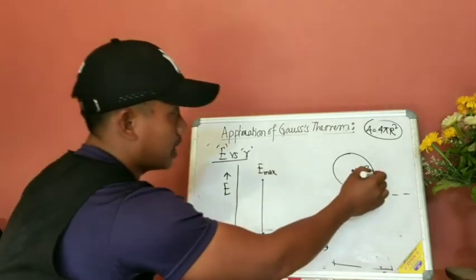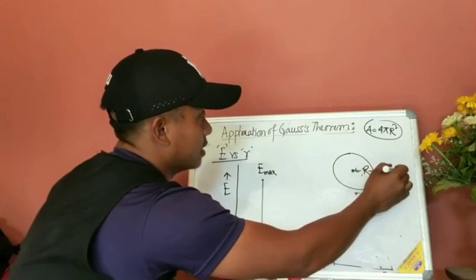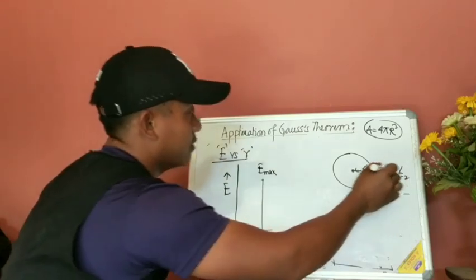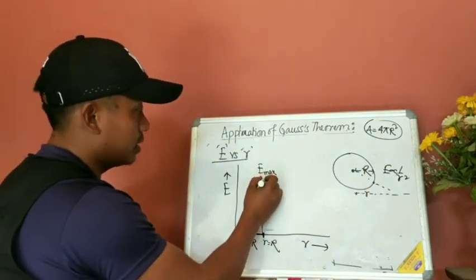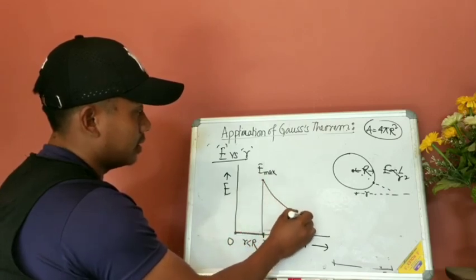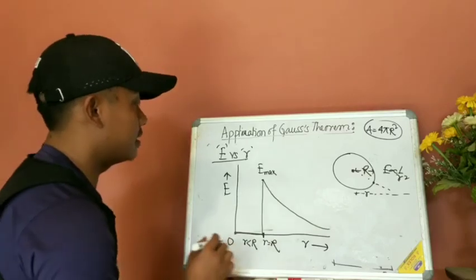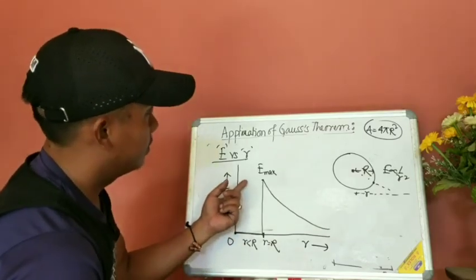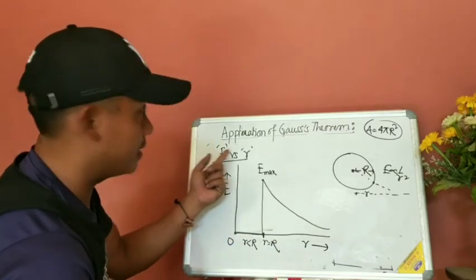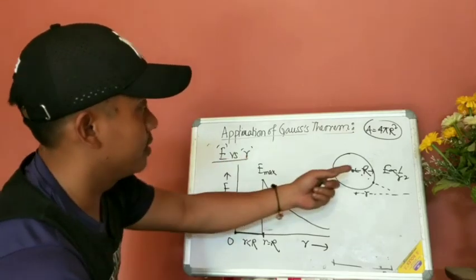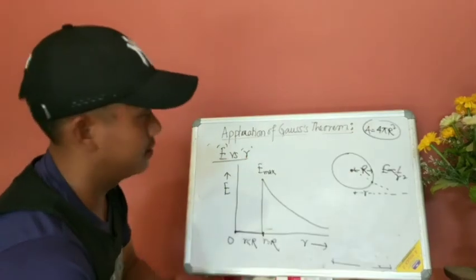Then when it goes outside, E is inversely proportional to distance square, that's why it will go on decreasing, and this will go like this. So this is the nature of the graph between electric field and the distance of measurement for a uniformly charged spherical cell.